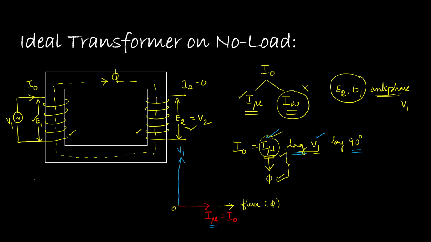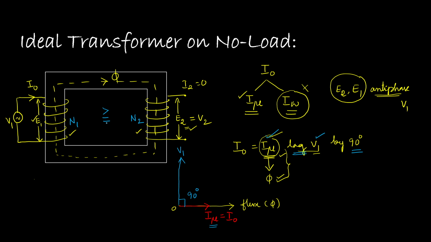This vector will be called V1 because this Imu is lagging V1 by how much angle? 90. As this Imu is already mounted on the x-axis, it has to lag. So obviously V1 needs to be mounted on the positive y-axis. So here the angle is 90 degrees.